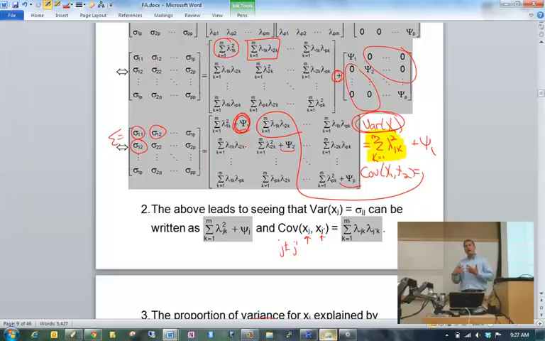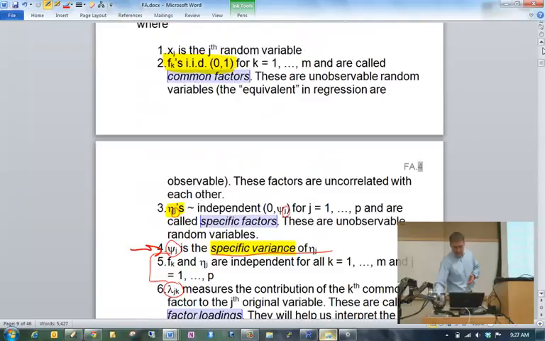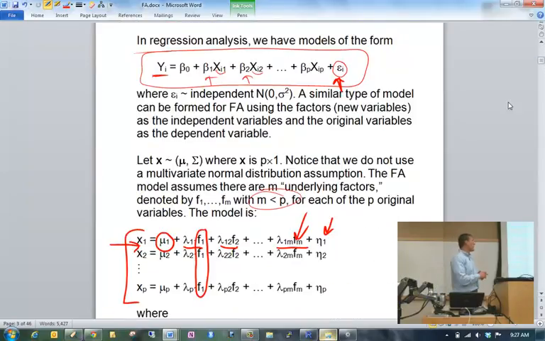Well, let's relate this now to a regression setting. So here's our regression model, once again, that you've all seen before. Essentially, the epsilon there plays a role like this eta, the specific variance. Typically we say epsilon has a variance we call sigma squared. The smaller the sigma squared is, the less these epsilons are varying.